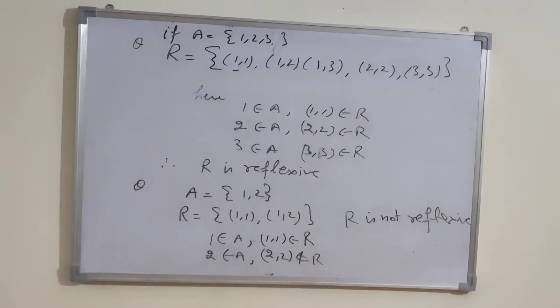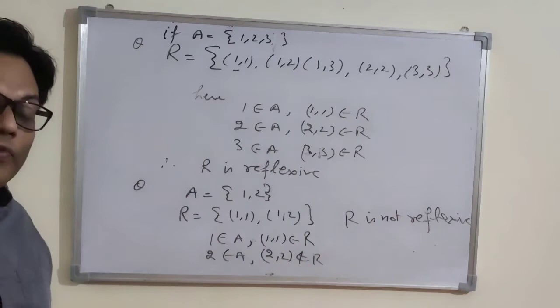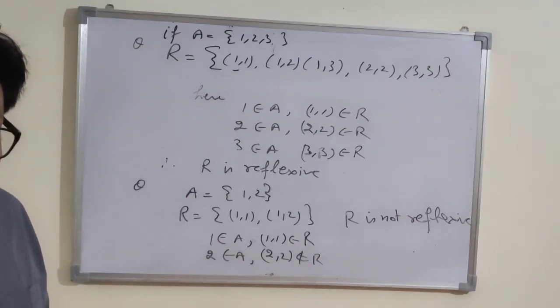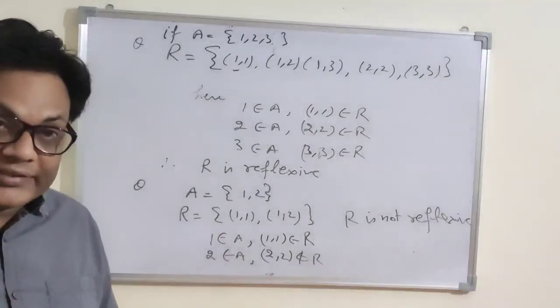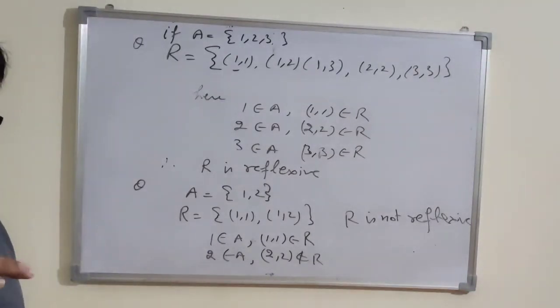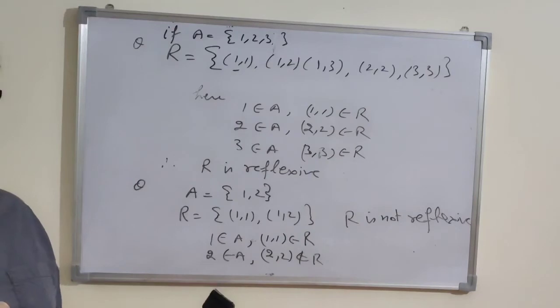The most important example of reflexive is: every line is parallel to itself. Every line is parallel to itself, and every line is not perpendicular to itself. It is not a reflexive relation. So parallel is a reflexive relation, and perpendicular is not.